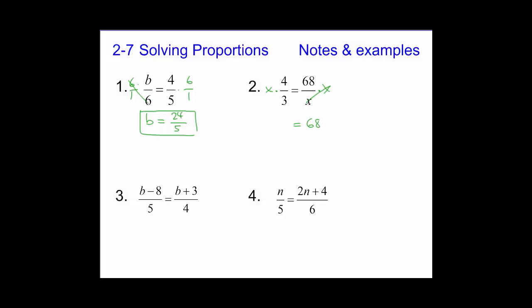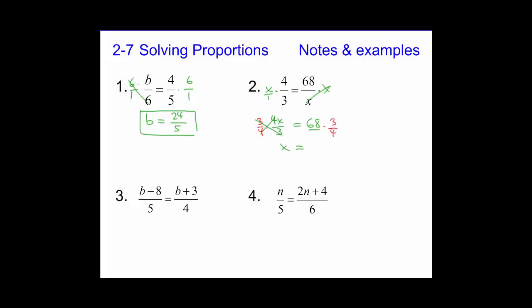But now on the left side, if I think of that x as being x over 1, then I can see that I have 4 times x on the top and 3 on the bottom. So it looks like I haven't really solved for x yet. Well, I haven't. I still have a 4 and a 3 to get rid of. Now, we do know that we can multiply that by the reciprocal to get rid of the 4/3. So when I do that, that simplifies out the 3 and the 4 and gives me only the x.